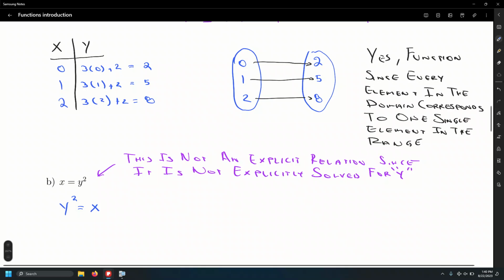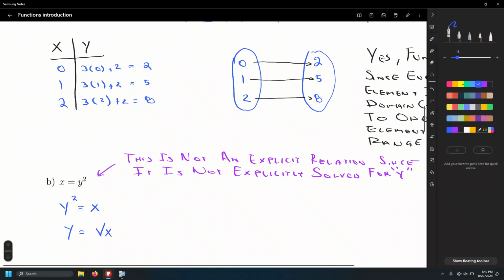Square root on both sides. So y equals the square root of x. We take the square root on both sides. These two cancel here, and that's going to leave us with radical x in the end, right?